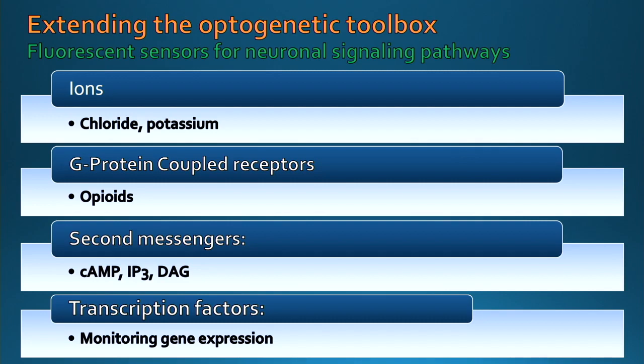And as you might know, these ions mediate inhibitory activity in neural networks, and building or using corresponding sensors would allow us to generate dynamic maps of inhibitory activity that could complement similar maps for excitatory activity that we generated by using the calcium indicator GCaMP. Other sensors that we are currently working on can detect the extracellular levels of endogenous opioids or the intracellular levels of second messengers such as cyclic AMP, IP3, and DAG.